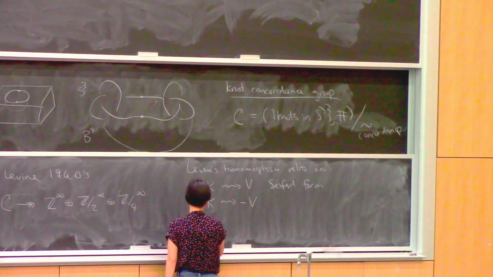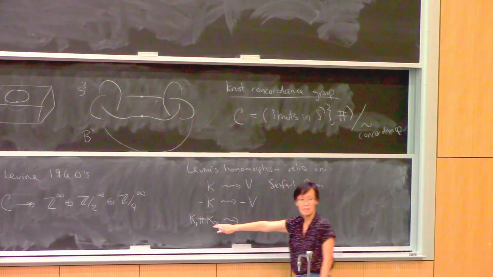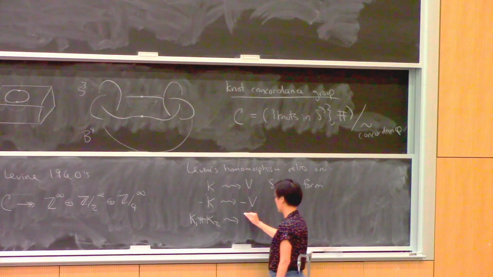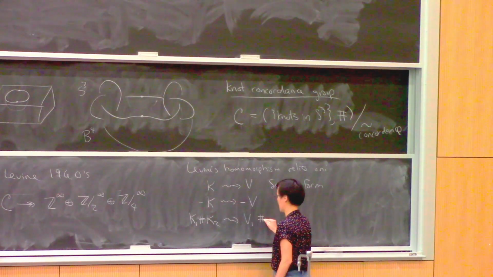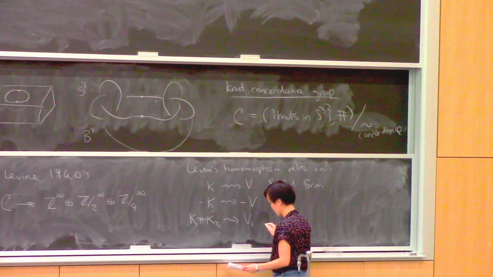Similarly, if you take the connected sum of two knots, what form gets associated to the connected sum? It's just the sum of the forms that were associated to K1 and K2, and by sum, I mean algebraic sum.